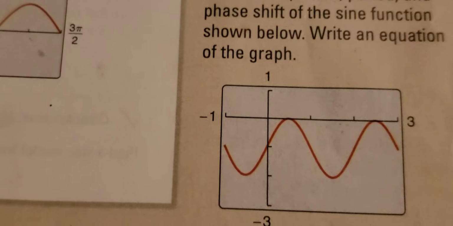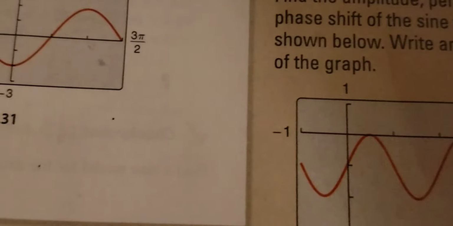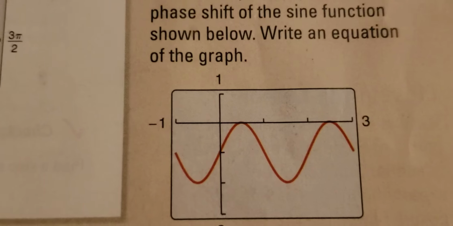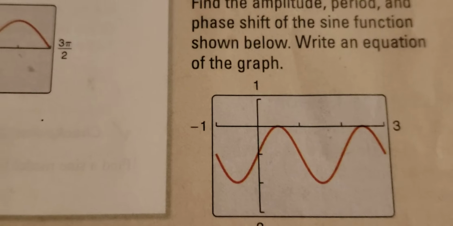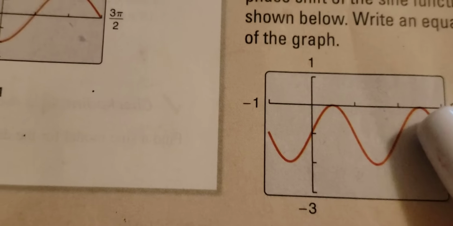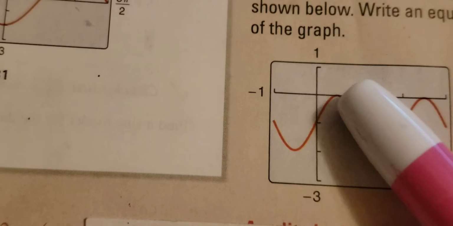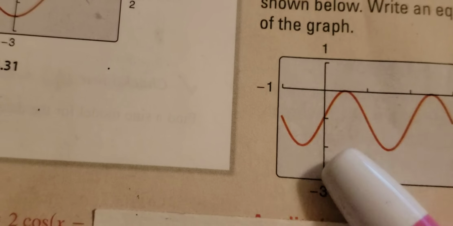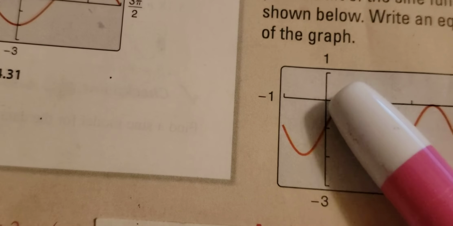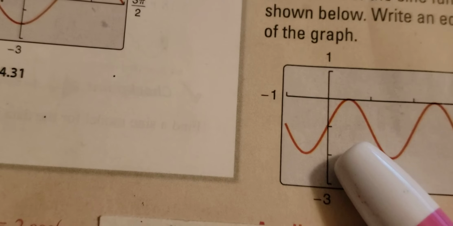Okay, so just by looking at it, you could tell a couple things. Let me grab a marker. Okay, so normally sine, the parent function, sine of x would start at 0, 0. Notice this one's starting at 0, -1. So that means it got shifted down 1 unit, okay?